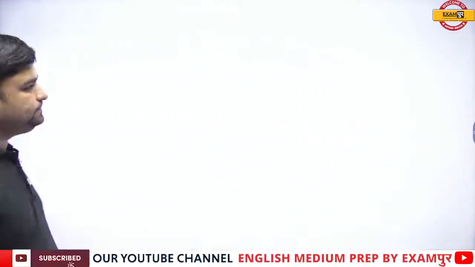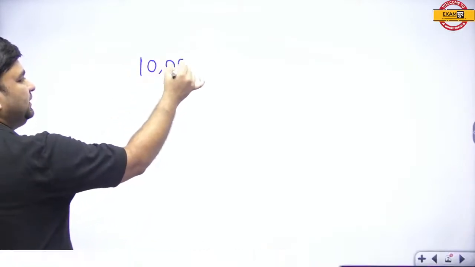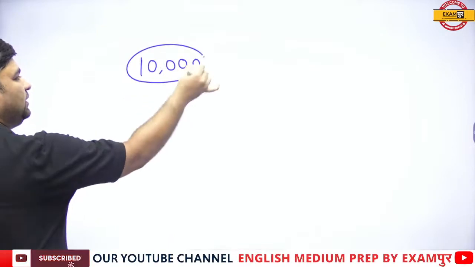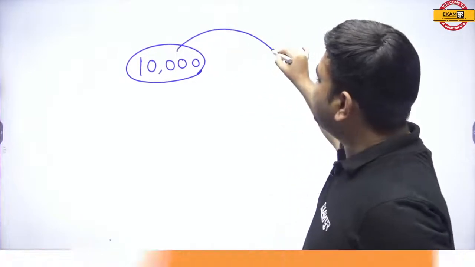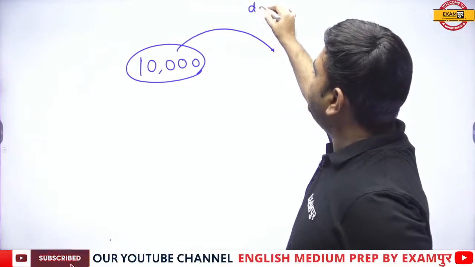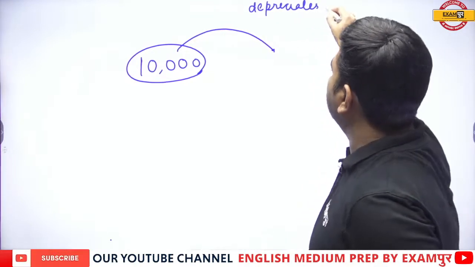Let's suppose the value of a car initially is 10,000. Its value is depreciating. Depreciate means decrease.